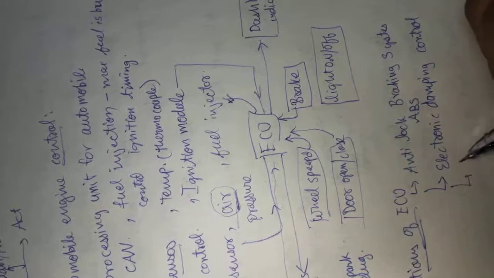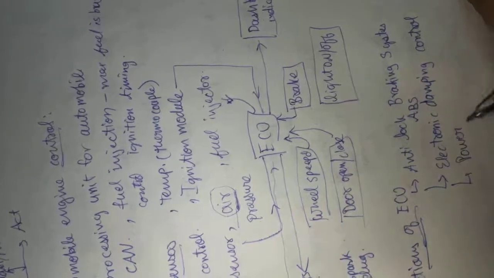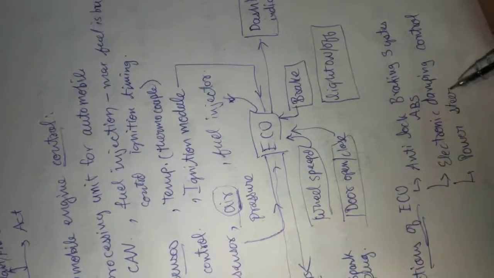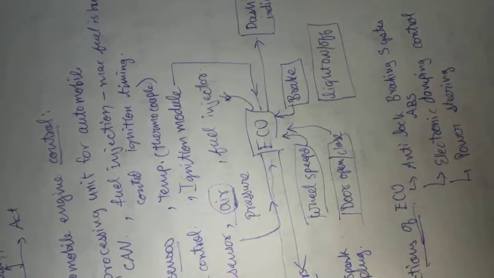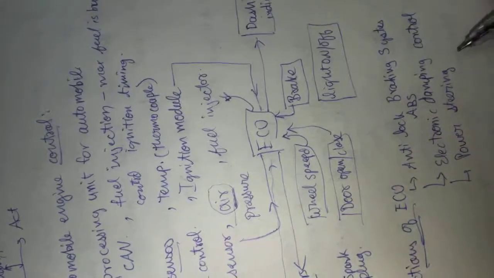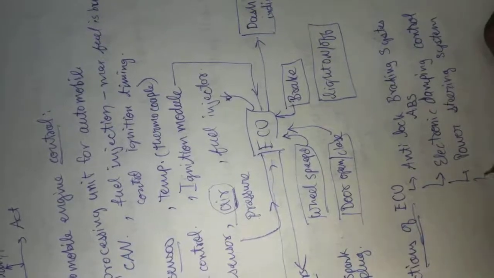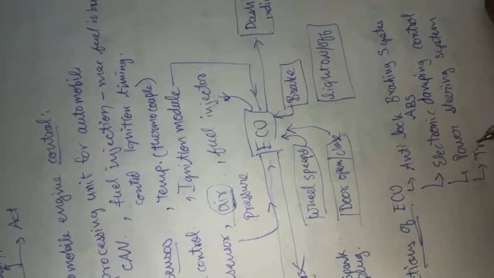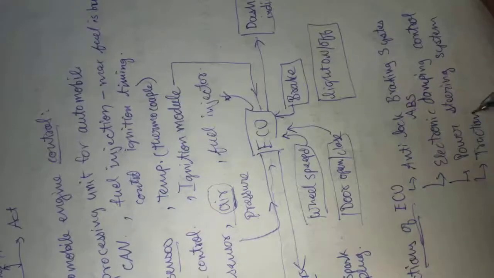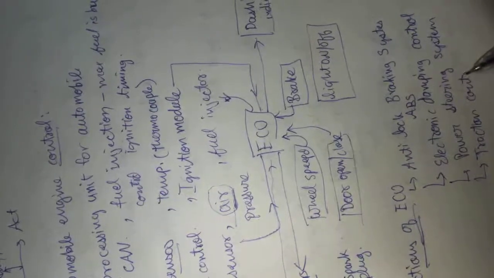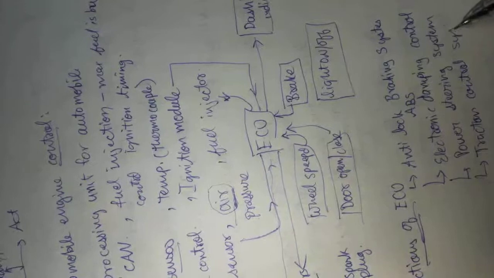Then we have the power steering function, where the steering moves with the minimum amount of effort. And then we have the traction control system. So these are other functions of the ECU.